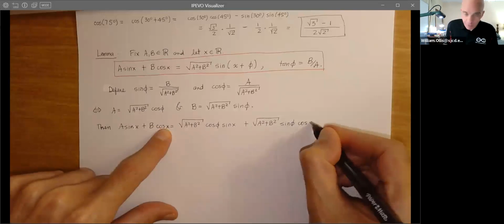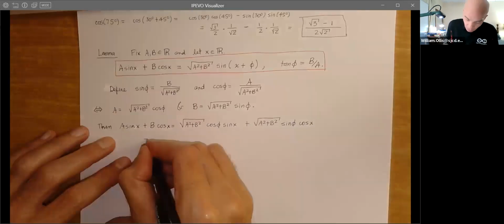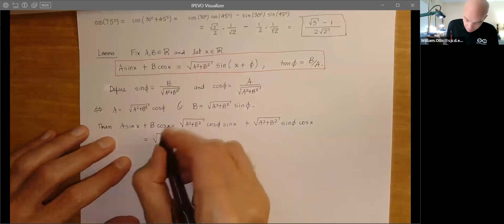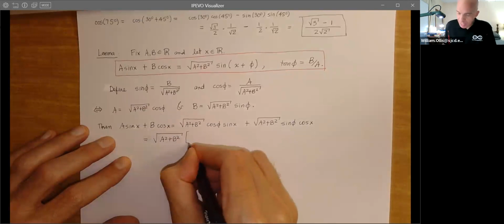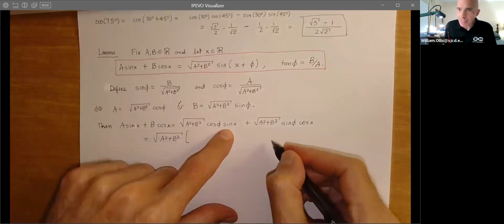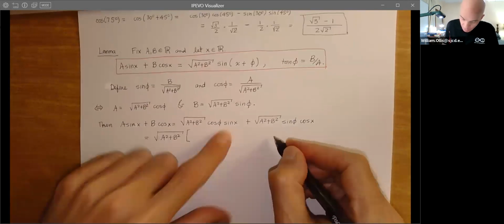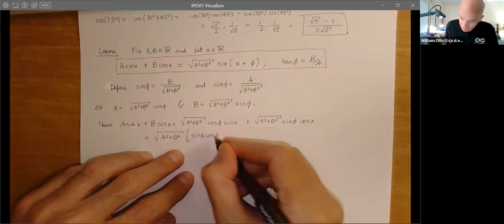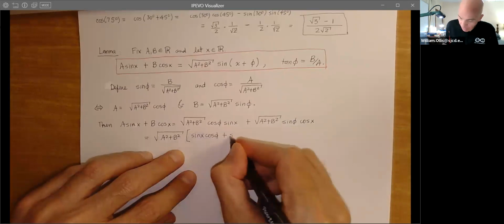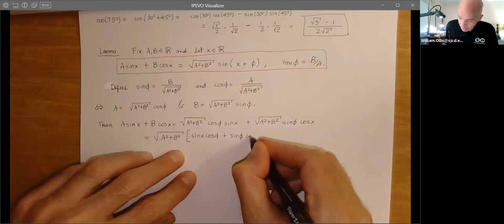But now, of course, we can factor the radical. And then I'll just write the sines first because that mimics the addition formula for sine. So we have sine x cosine phi plus sine phi cosine x.